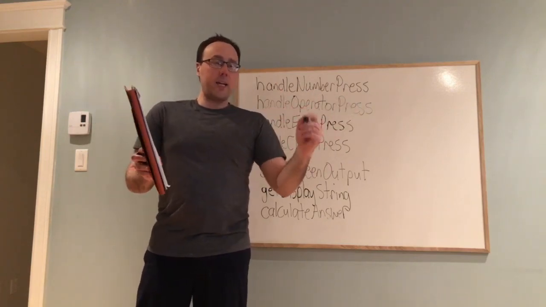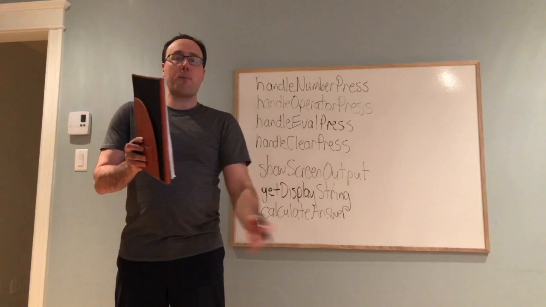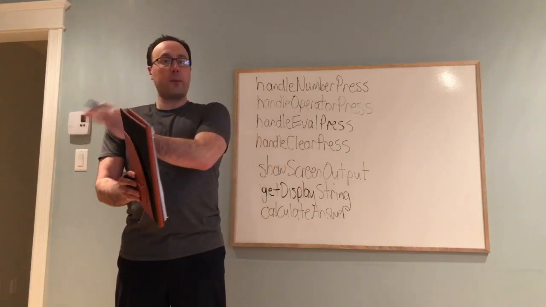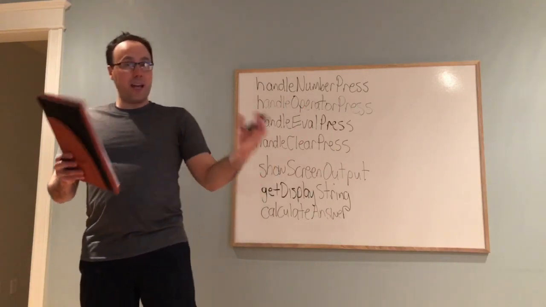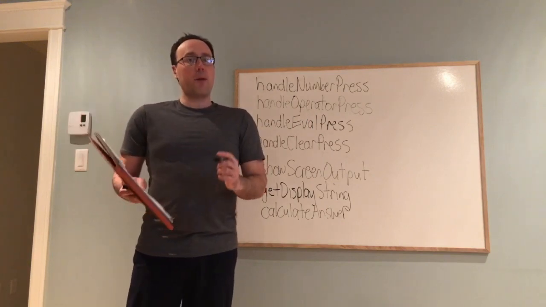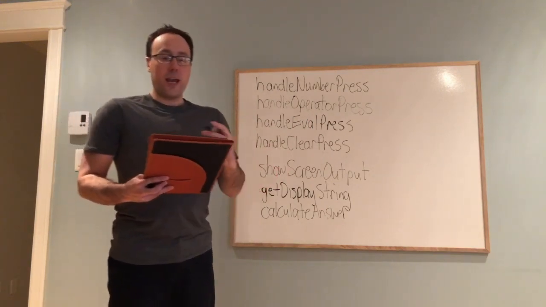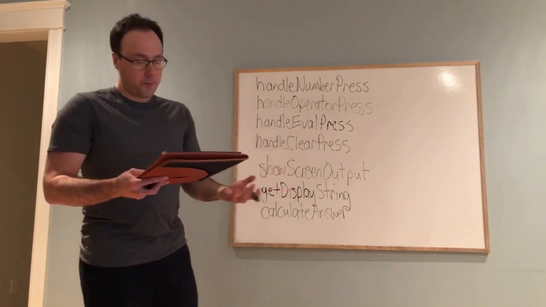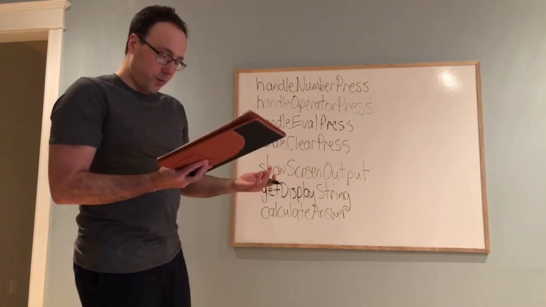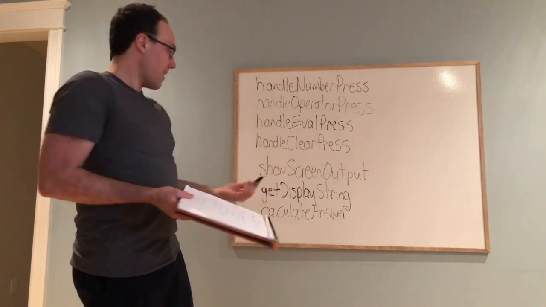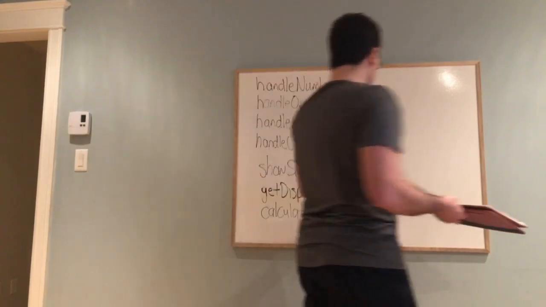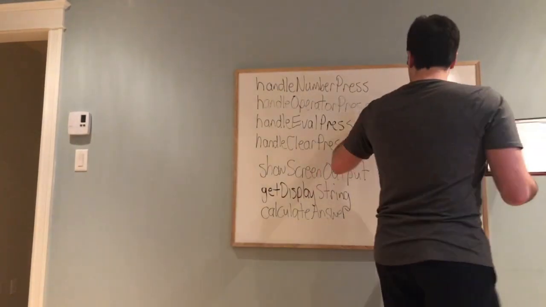What we want to check is whether the operator before was multiplication or division. And if it is, we need to solve that operation and store the result in our formula elements array. So I'm going to call this function evaluate last expression. So let's write it over here.